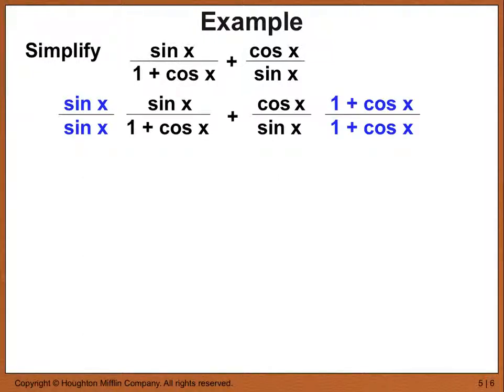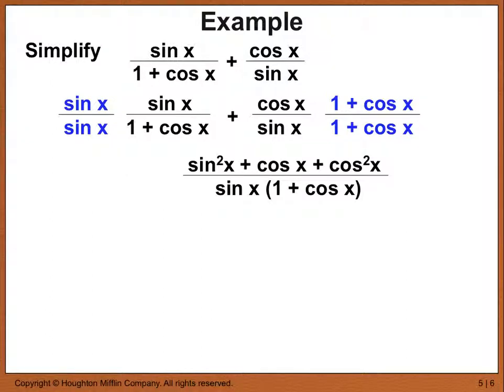All right, so the first thing you want to do is get a common denominator. We multiply the first term by sine x over sine x, and we multiply the second term by 1 plus cosine x over 1 plus cosine x. And what that's going to give us is sine squared x plus cosine squared x all over the common denominator of sine x times 1 plus cosine x.